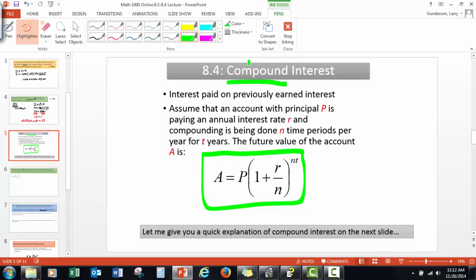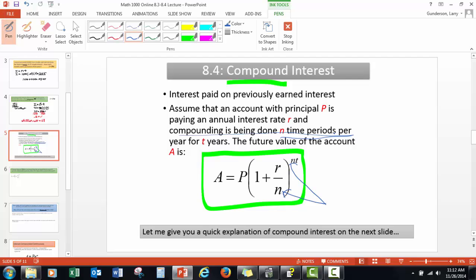The one thing you need to know is this n right here, this n and this n stands for the time periods that the compounding is being done, n times per year. So if it says monthly, n would be 12.